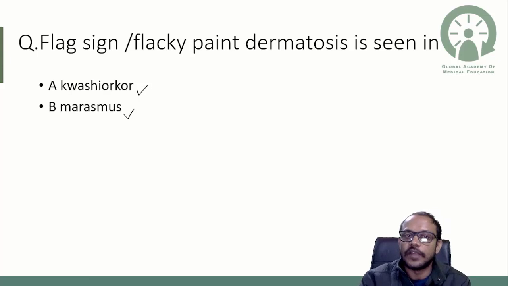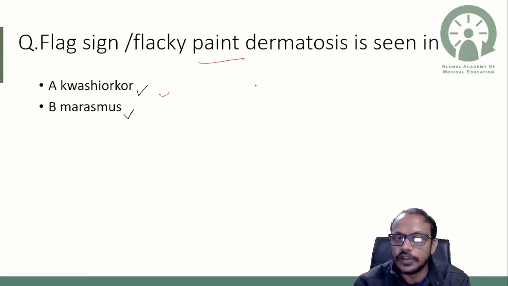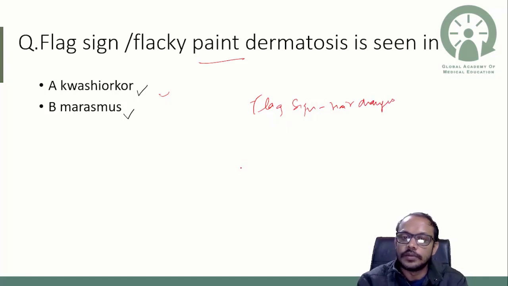So flaky paint dermatosis and flag sign are seen in kwashiorkor. Flaky paint dermatosis is a different thing. What is flag sign? Flag sign is actually a hair change. There is a period of nutrition where the hair is black, and a period of malnutrition where the hair is grey.